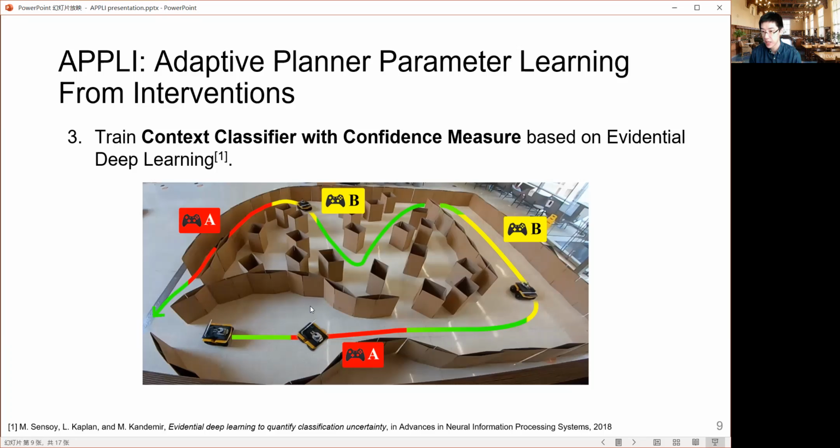If that's the case, we need to decide which intervention scenario it matches. So in that case, we need the context classifier, and we also need confidence measures. The technique we use here is evidential deep learning, where you can find details in this paper.